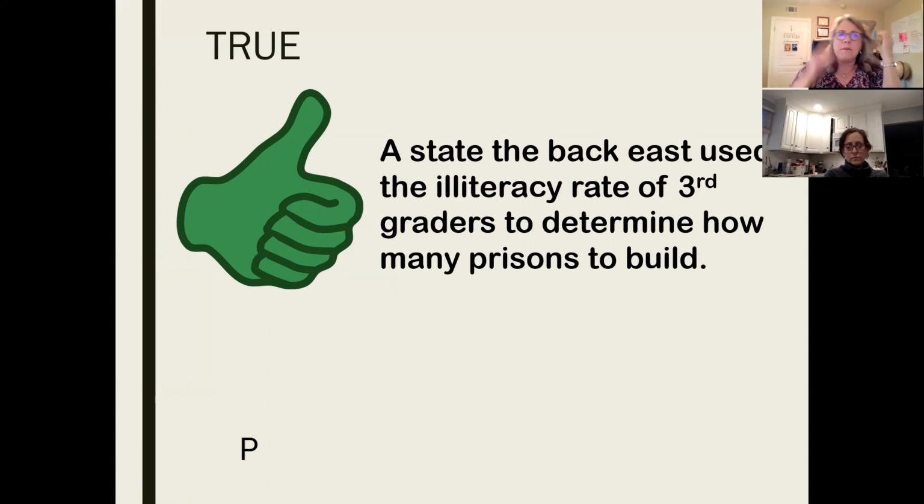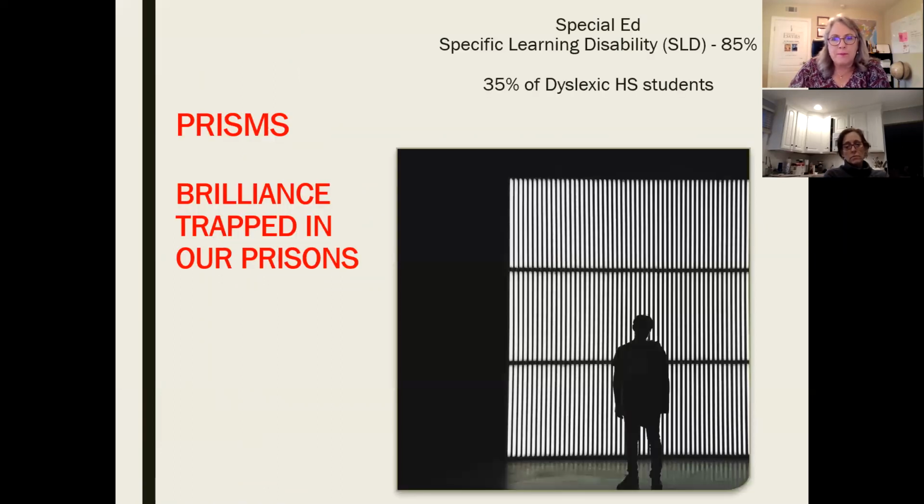And, you know, in my mind, I see prison and prisms, and I think of prisms as lights. When light goes in a prism, all the beautiful colors come out. And how much brilliance are we losing to these kids that are in prison because they've gone to gangs, gone to people who've accepted them, who affirm them. So I say the brilliance that's trapped in our prisons.